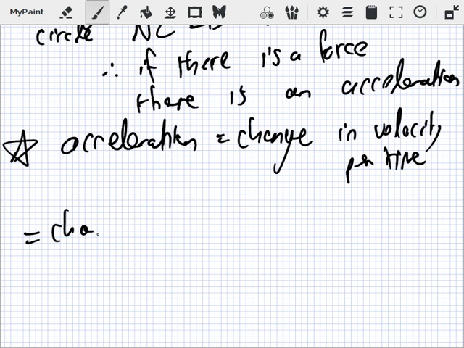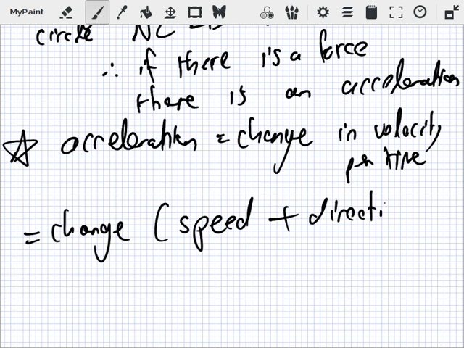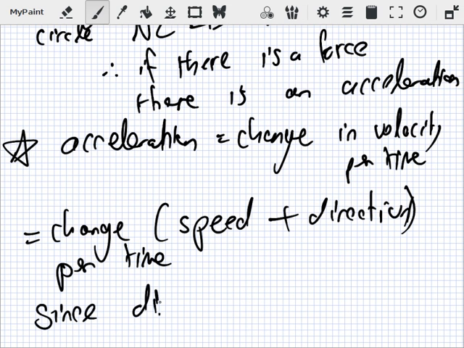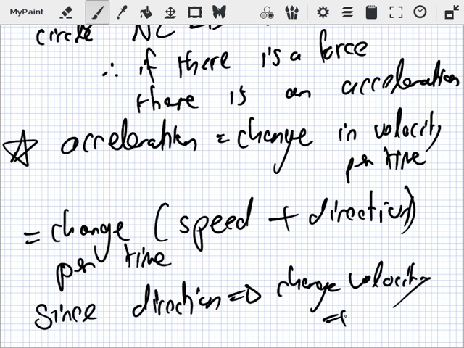Yeah, velocity is a speed and a direction. So a change in velocity per time is the same as a change in speed and direction per time. And since the direction changes, that implies a change in the velocity, which implies an acceleration.